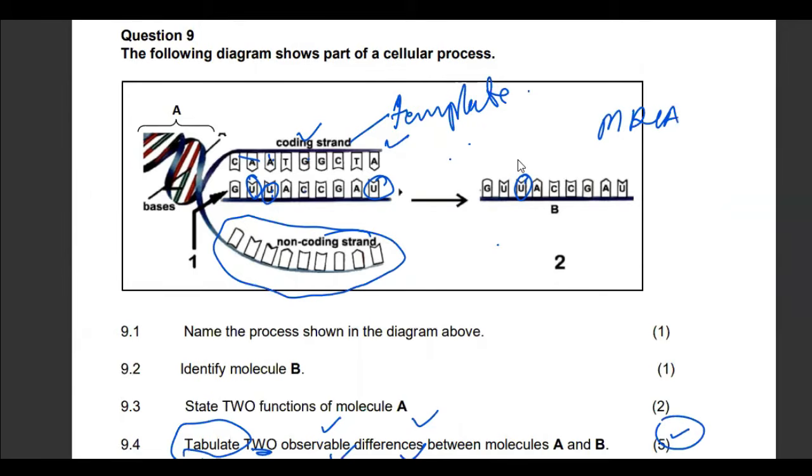The complementary strand moves out of the nucleus via the nucleopore to the cytoplasm onto the ribosome. So basically, that's what you're supposed to explain.